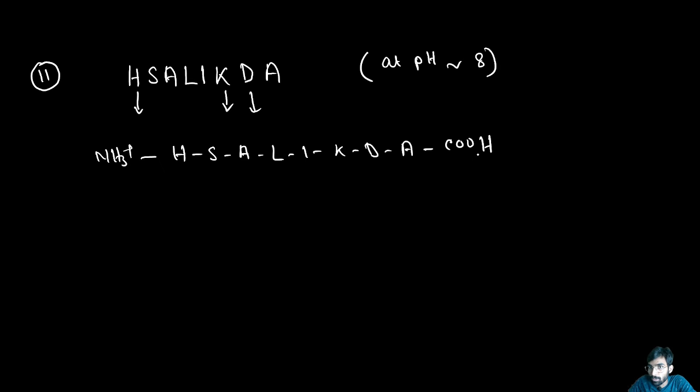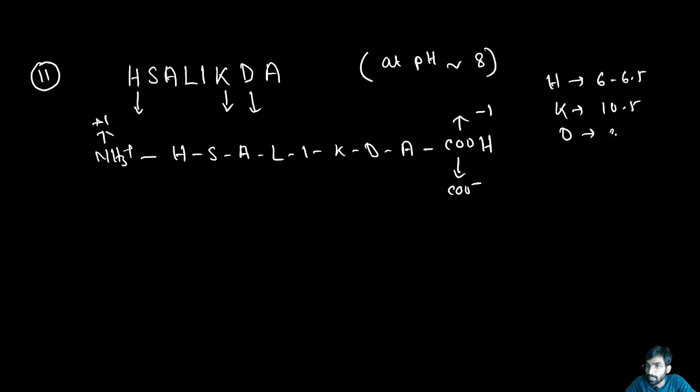The COOH will release one proton and become COO minus. Now the charge from here is -1, charge from here is +1. Write down the charge. And we know the histidine side group also releases proton at around pH 6 to 6.5, and there is one thing called lysine 10.5, and aspartate is also released by 3.6.